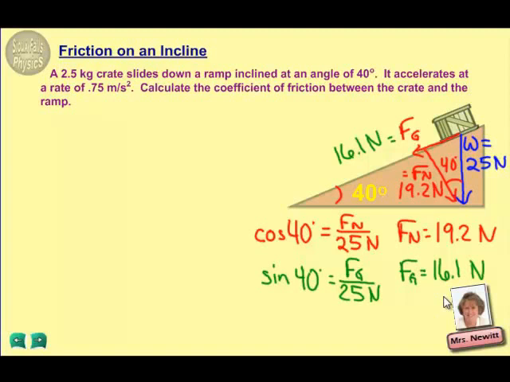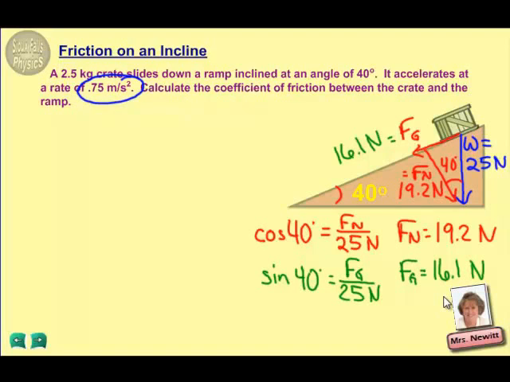Once we have these values, then we can go through and figure out exactly what that crate is going to do. Now notice that it does tell us the crate accelerates at a rate of 0.75 meters per second squared.